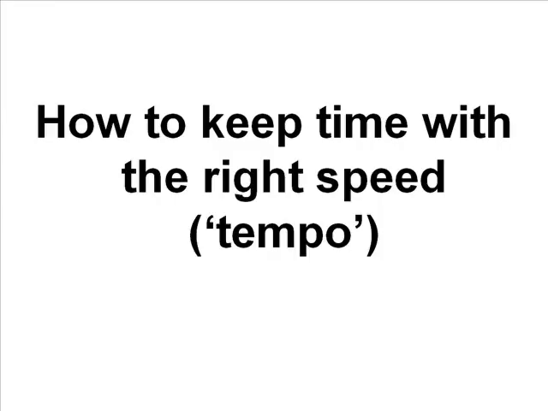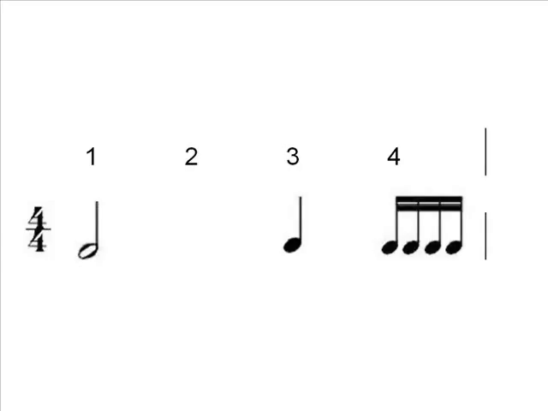Now I want to show you a very easy method to find the right speed to use in such exercises, and that you can also apply to performances, whenever you play piano, for example, or any kind of instrument.